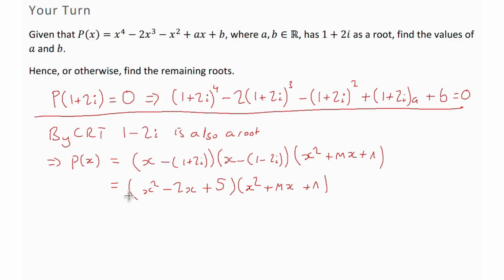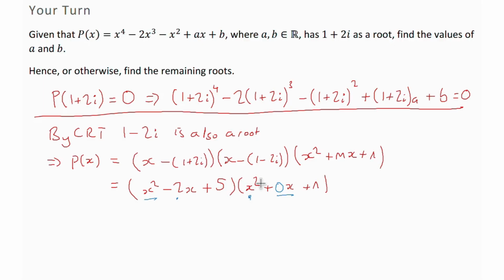So x cubed, the only way we can get x cubes would be x squared times by x, or x squared times by x. Mark those differently. So at the moment, we've got minus 2x squareds, and we need minus 2x cubes, and we need minus 2x cubes. That means m is going to have to be 0.